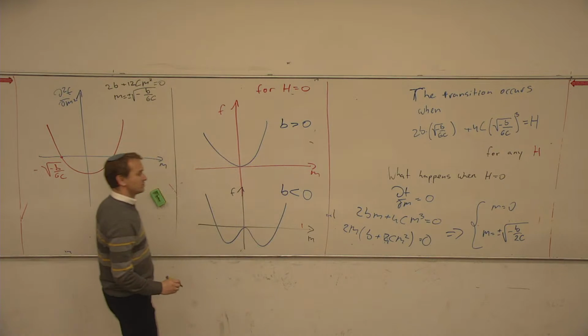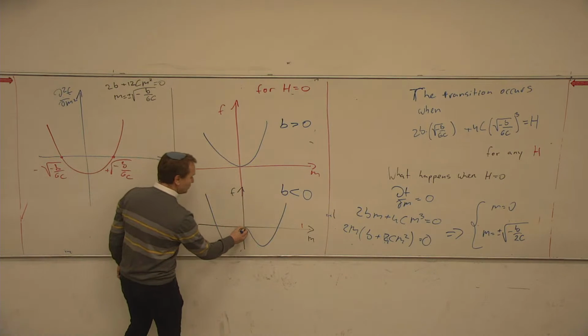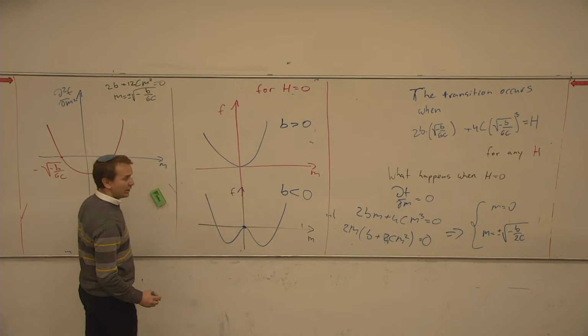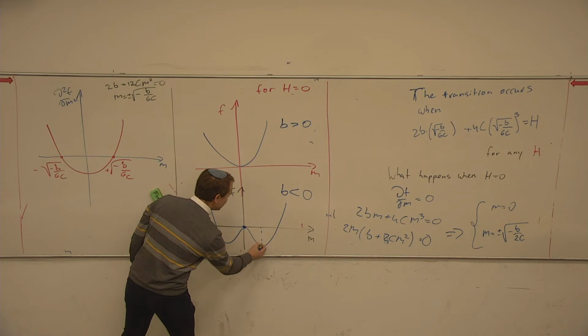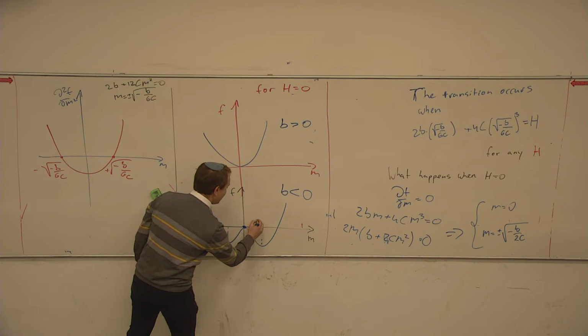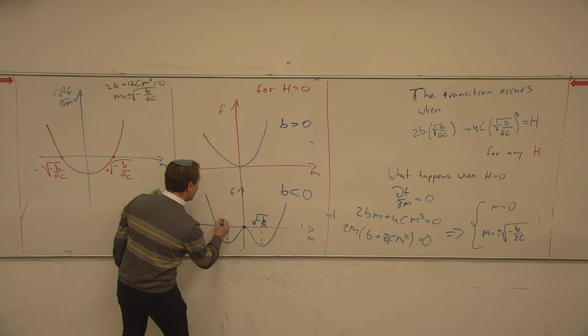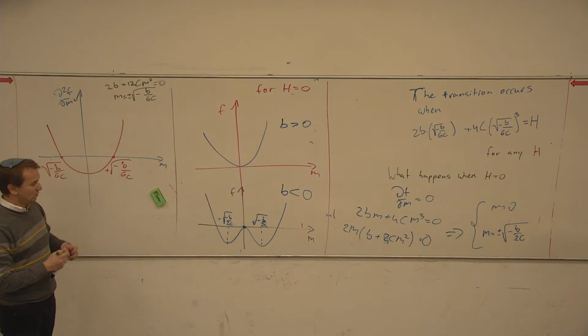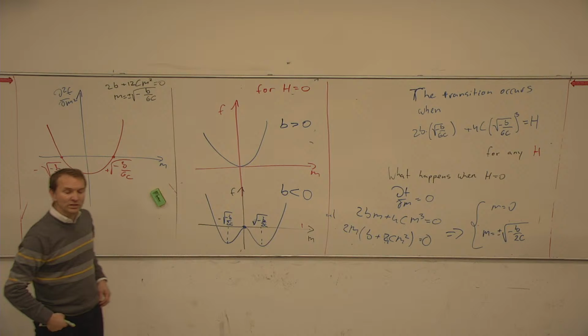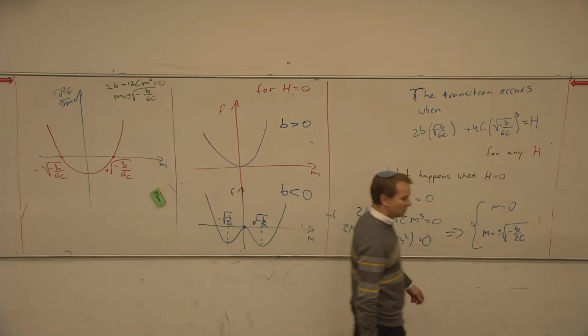Three solutions. This is m equals 0, and this one is plus the square root of minus b divided by 2c, and minus the square root of minus b divided by 2c. Those are the only solutions that we have inside our system.